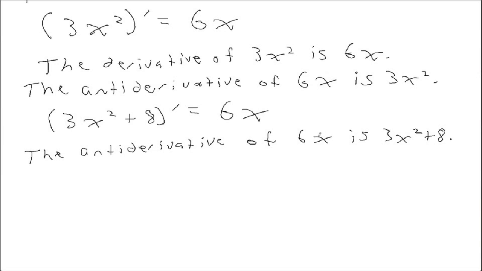This is where it starts to be different from the other things I talked about. Subtraction only gives you one answer. Division only gives you one answer. But taking the antiderivative can give you multiple answers. So would you agree there's only one derivative, but there's more than one antiderivative? Yep. 3x squared only has one derivative, but 6x has more than one antiderivative.